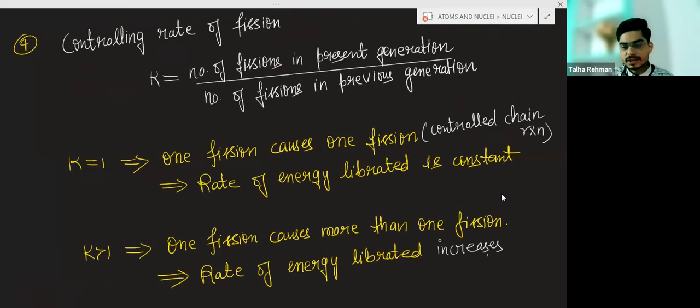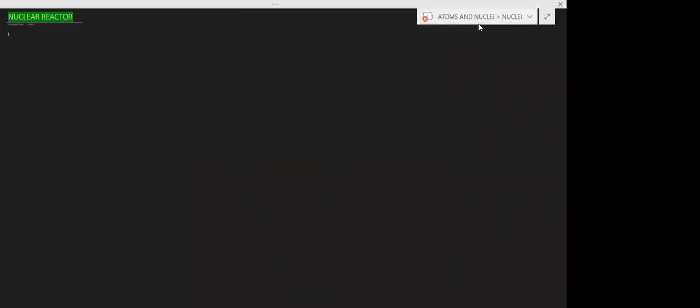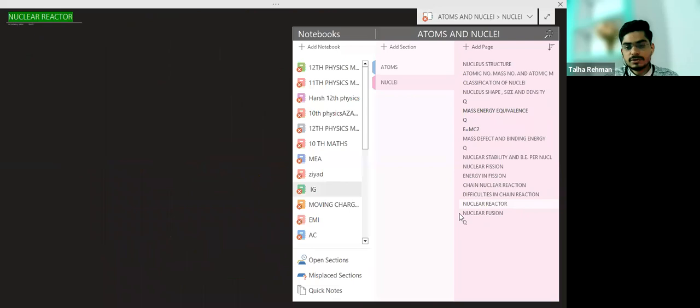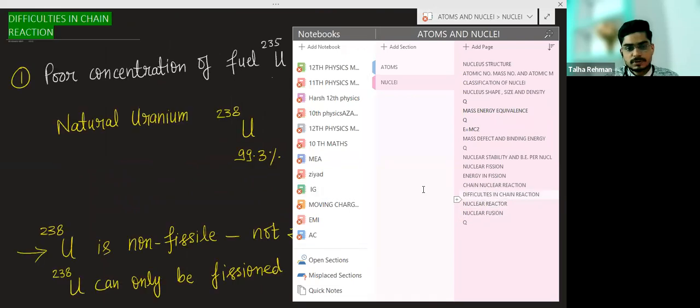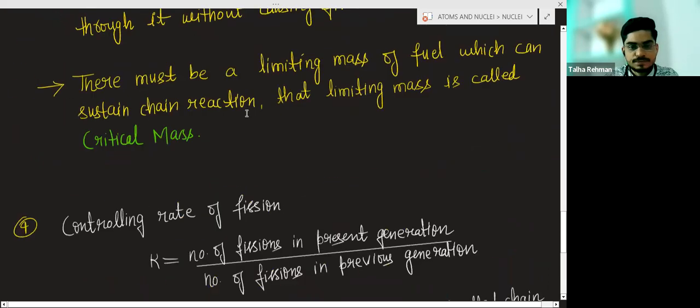After that, we will discuss the nuclear reactor and nuclear. Can you explain again that K is equal to 1 means what? K is equal to 1 means, okay. K is equal to 1 means you have to understand this.